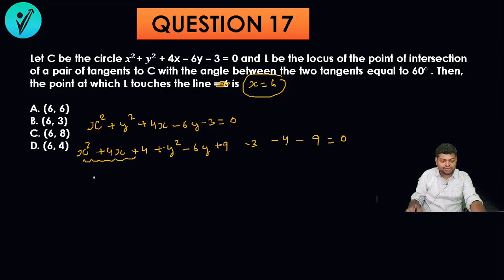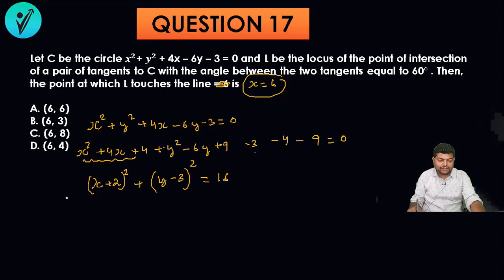So this will be x plus 2 whole square, then we have y minus 3 whole square. And then it will be minus 3 minus 4 is minus 7, minus 9 it's minus 16. So let's move it to that side, so it will be 16.